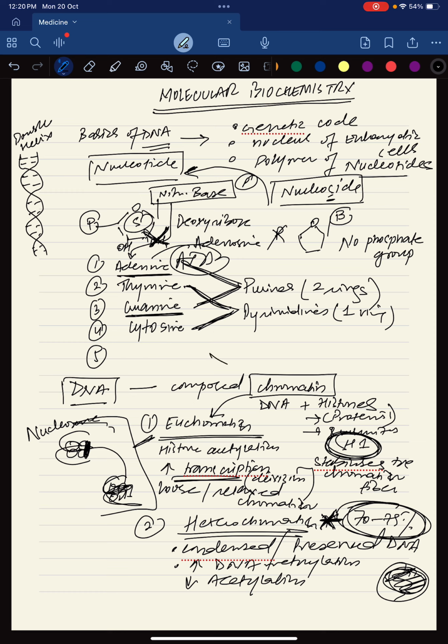Uracil comes in RNA, not DNA. It is one of the bases present mainly in RNA, not DNA.